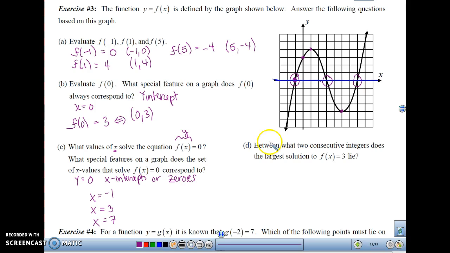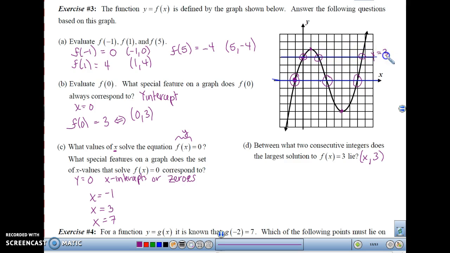So between what 2 consecutive integers does the largest solution to f of x equals 3 lie? So what are they looking for? Are they looking for x's or y's? Well, it says f of x equals 3. You're looking for the x's when y equals 3. So what you're looking for is what x makes the y value 3. The easiest way to do that is to graph y equals 3. 1, 2, 3. Right there, y equals 3. And it hits here, here, and here.